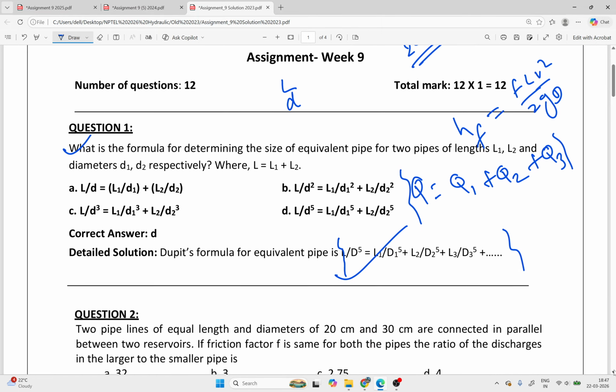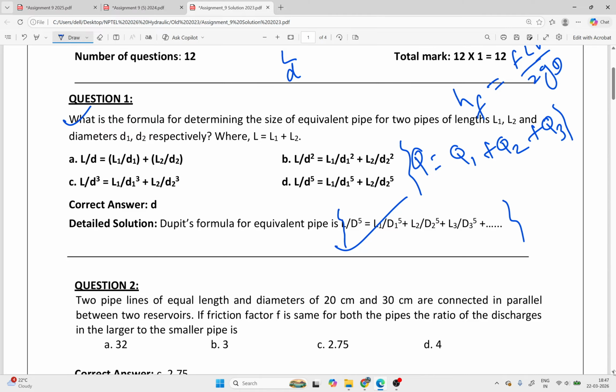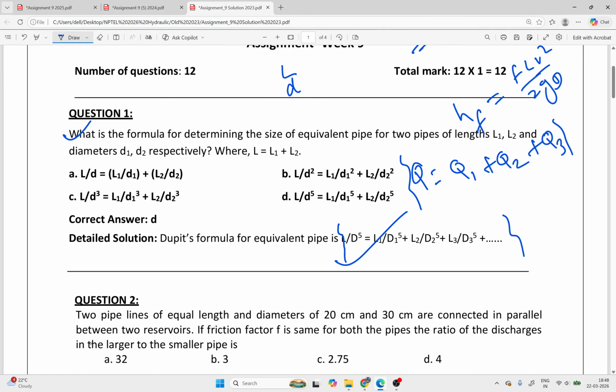Okay, so now question number two. Two pipes of equal length and diameters of 20 centimeter and 30 centimeter are connected in parallel between two reservoirs.